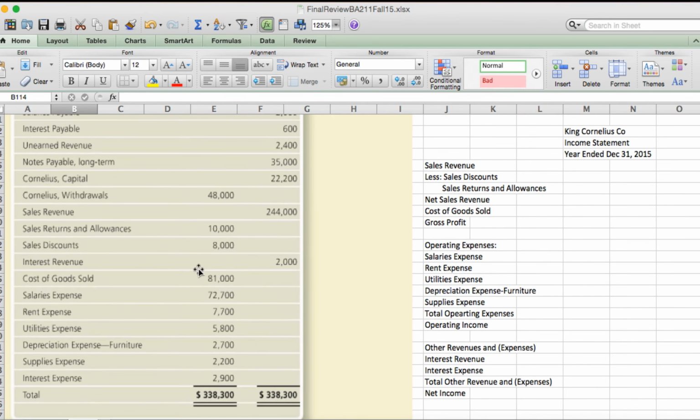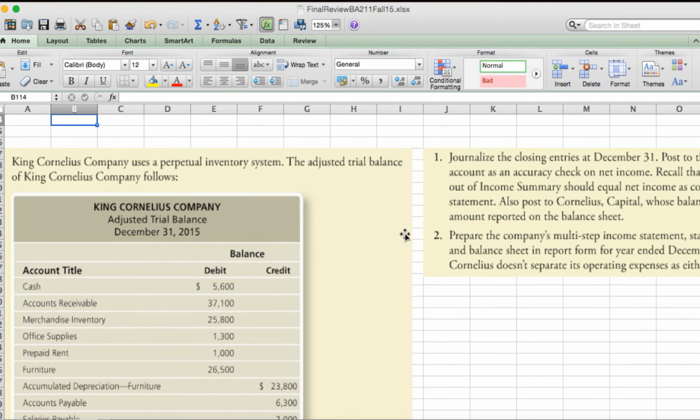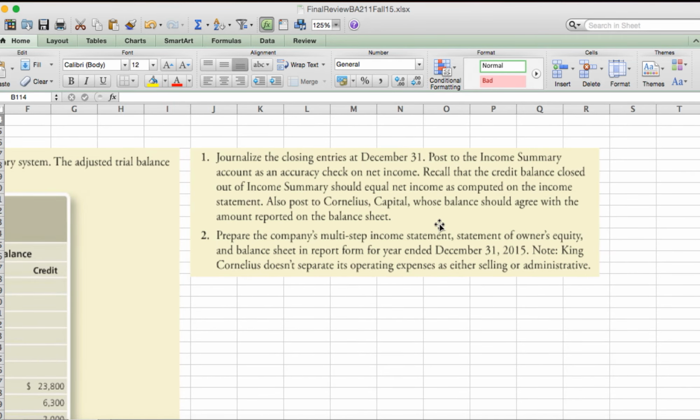They plugged all the numbers back in after doing all those T-charts, and this is the trial balance they're left with. So then we have over here, journalize the closing entries of December 31st, post to the income summary account as an accuracy check on net income. Recall that the credit balance closed out of income summary should equal net income as computed on the income statement. Also post to Cornelius Capital, whose balance should agree with the amount reported on the balance sheet.